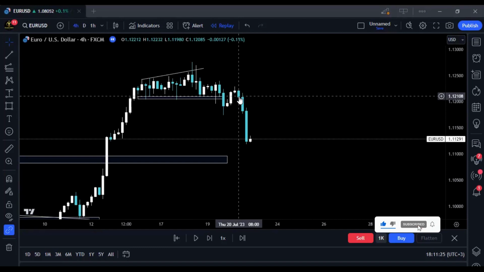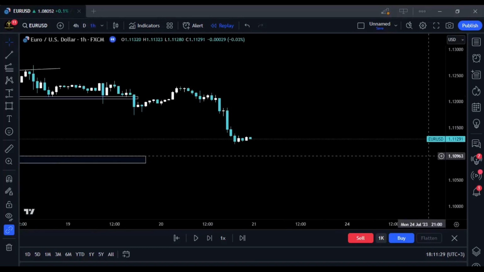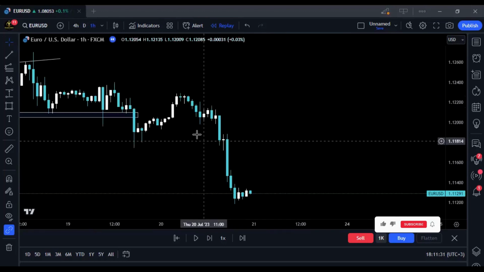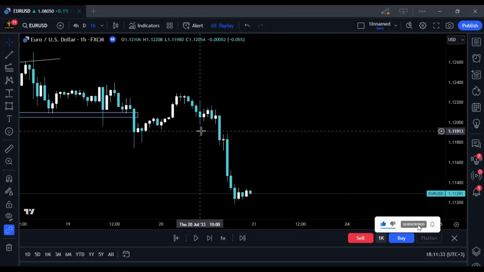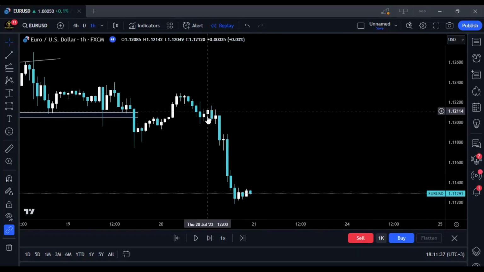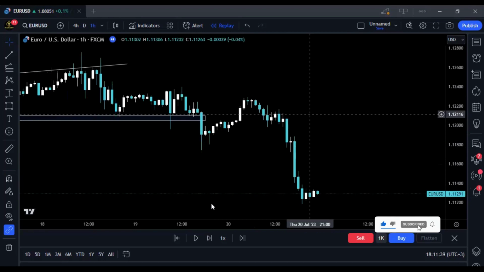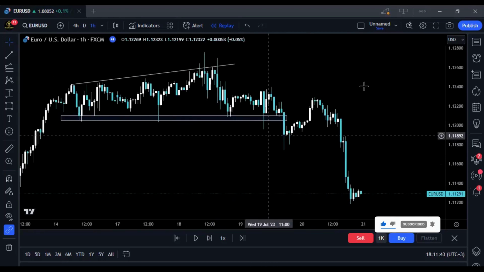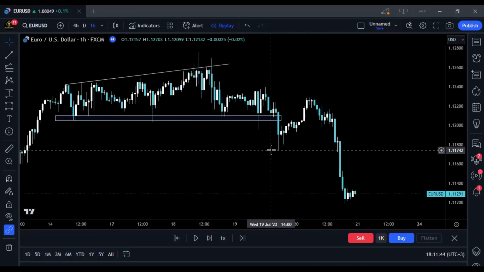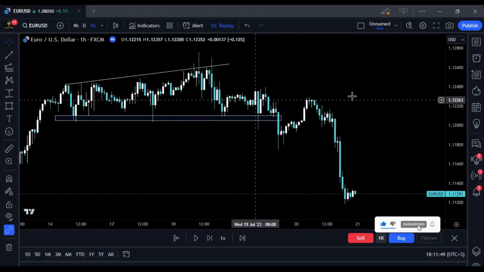And then after this, that's when we should have been looking for entries on the 1 hour past 12. So from 12 here, we should have been looking for some kind of an entry. Okay, so now where would we have been looking for an entry? Because the trend is bearish from the daily and 4 hours. This is the 1 hour.